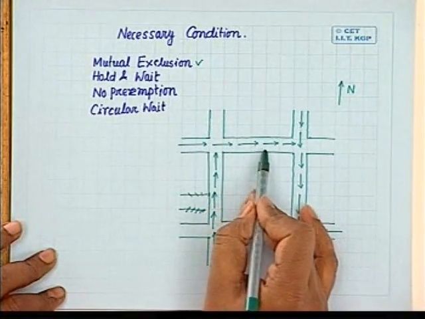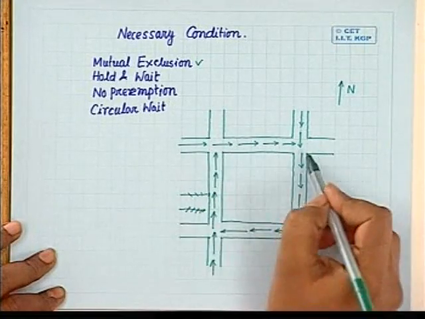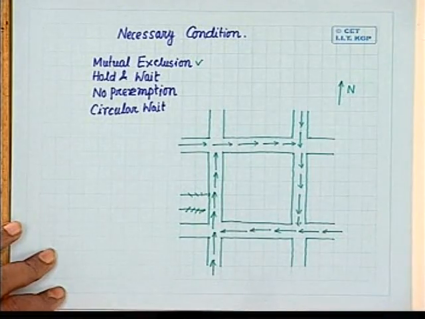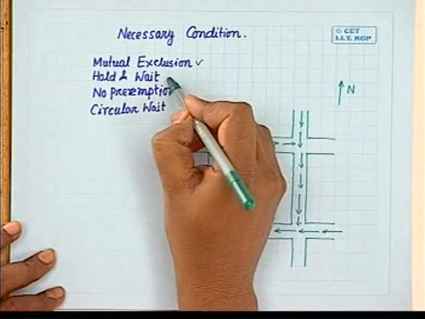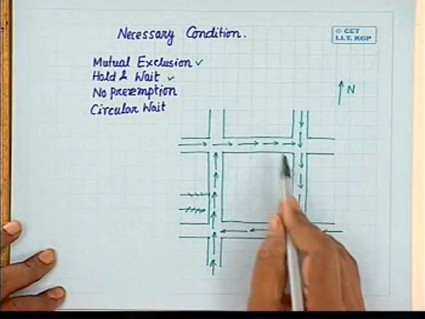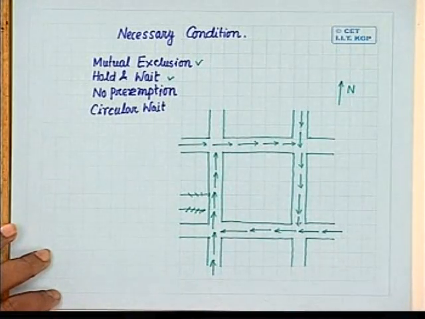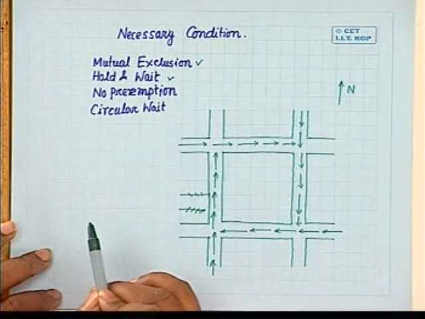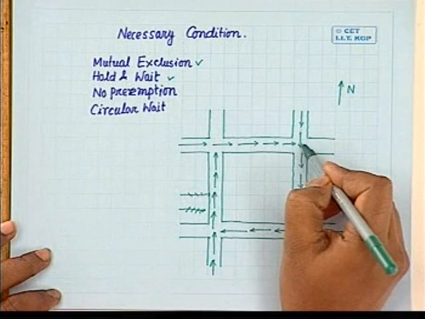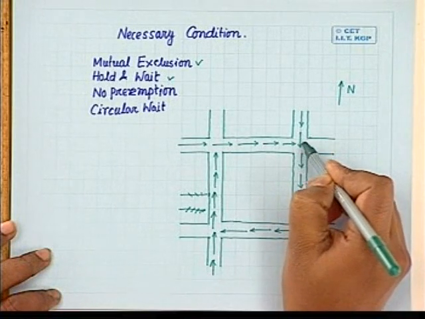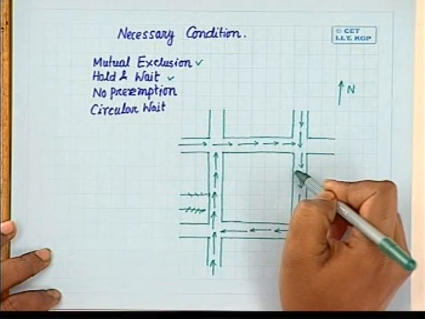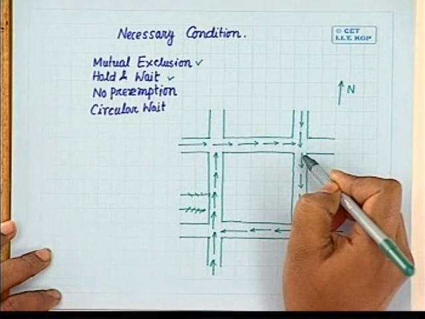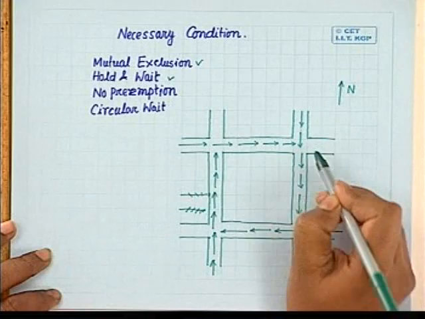Similarly, the traffic moving in this direction is holding this junction and waiting for this junction to be free. So this hold and wait condition is also true in this example. Then no preemption. Once a car has occupied this, the car can voluntarily release this particular junction. I cannot forcibly remove the car from that point.